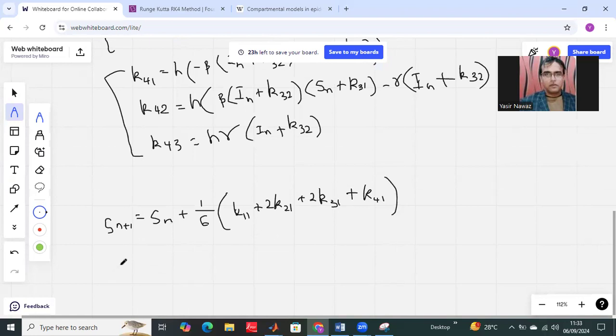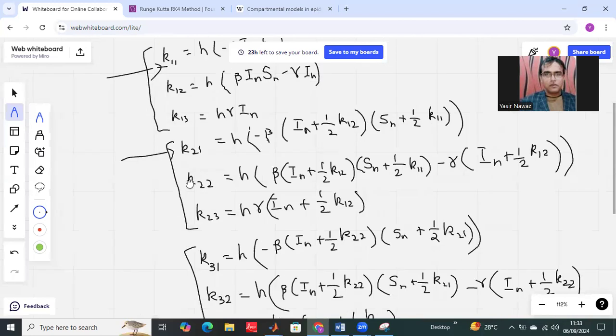That's S, and for I n plus 1: I n plus 1 is equal to I n plus 1 by 6. So here that would be K21, then the second stage for the second equation.